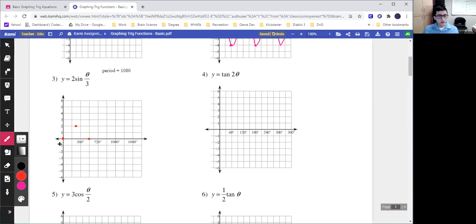And then continuing this pattern, this would be at -1, and then this would be at 0. You can see the amplitude here is 2, and the period is 1080 degrees.